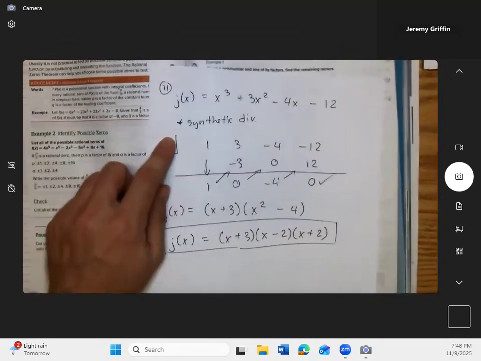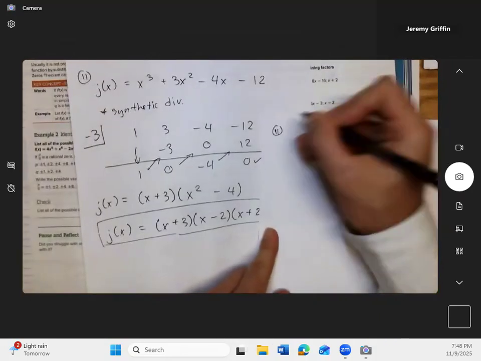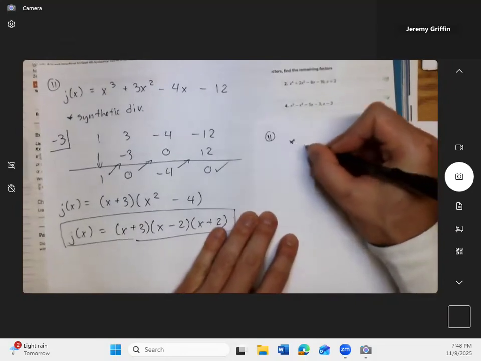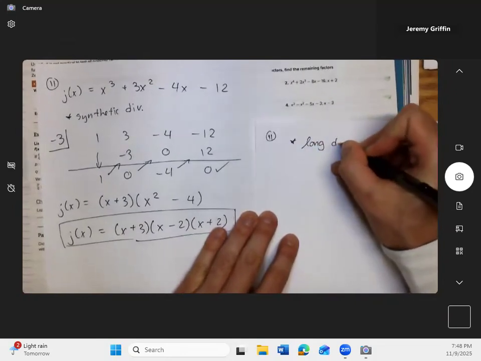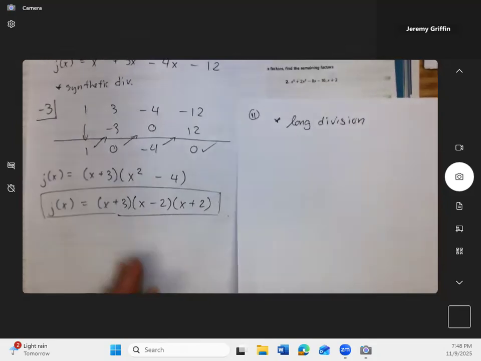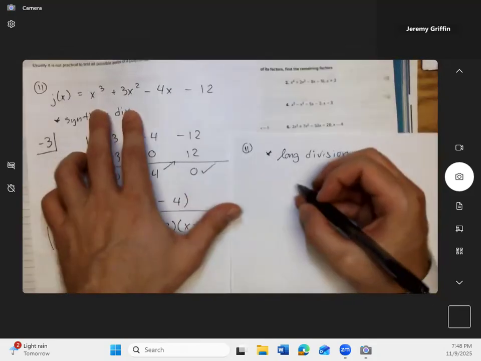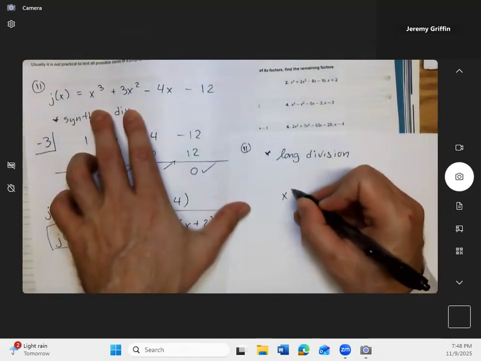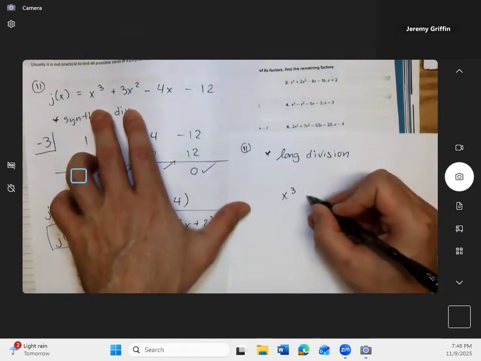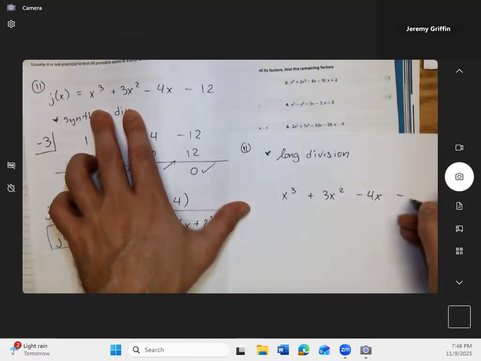Okay. Let's try this exact same question, number 11. So I'll still stay on number 11, but let's try this with long division. So change it up. Remind you guys how long division works. And I mean, it should be the same answer, of course, but just a different way to get there. So I'll write this whole original polynomial, which is now going to be the dividend: x to the 3 plus 3x squared minus 4x minus 12.